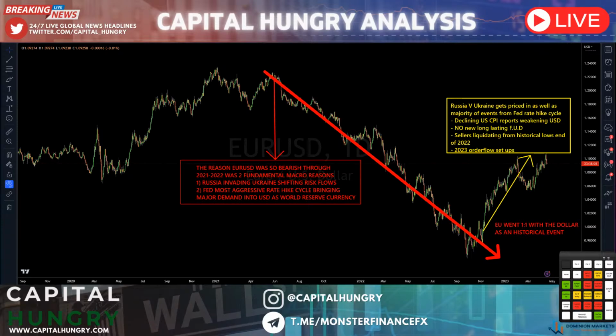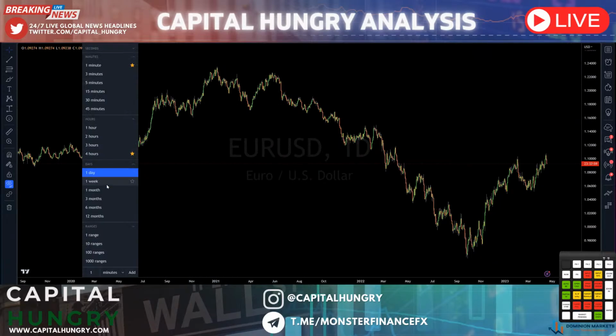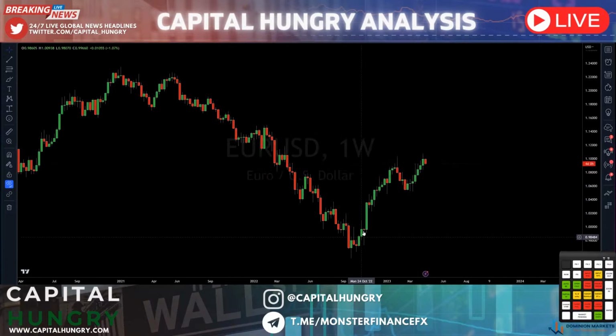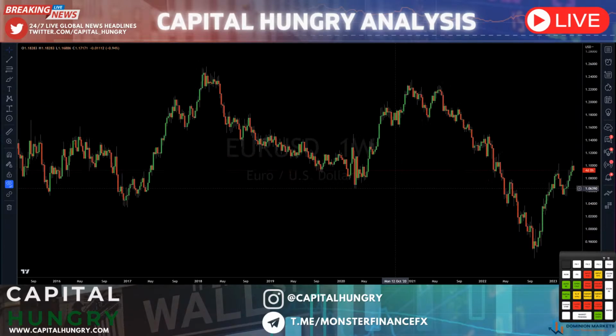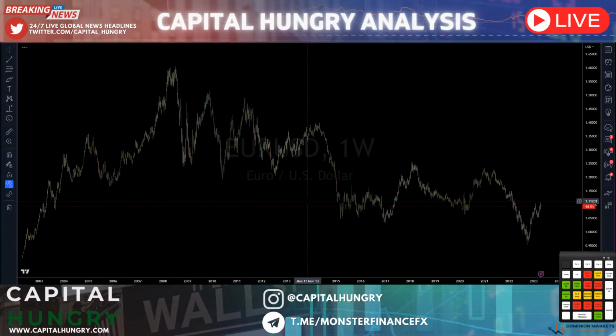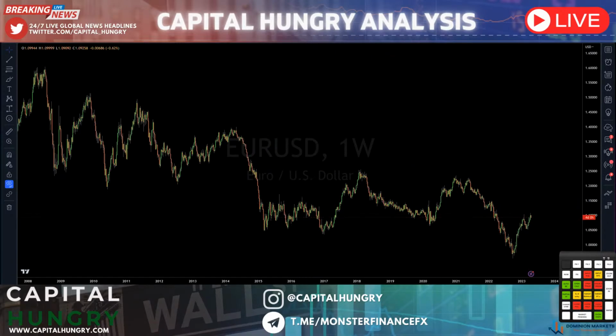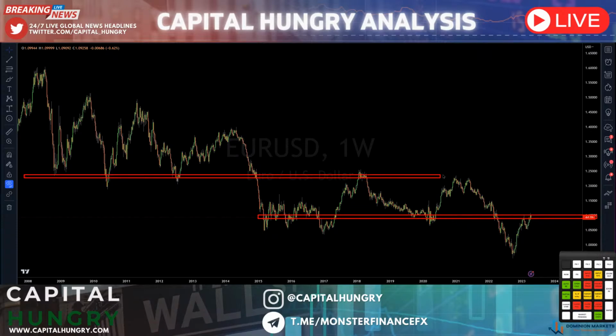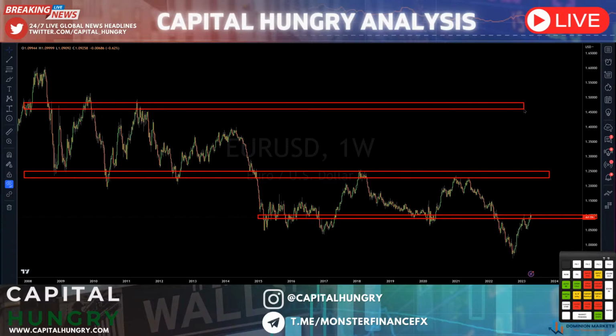Now, what's important here is you can see on the higher time frames, such as the weekly, we're still respecting this sequence of events where we cannot expect full upside on EURUSD just yet, as overall EURUSD is very bearish on a macro perspective.